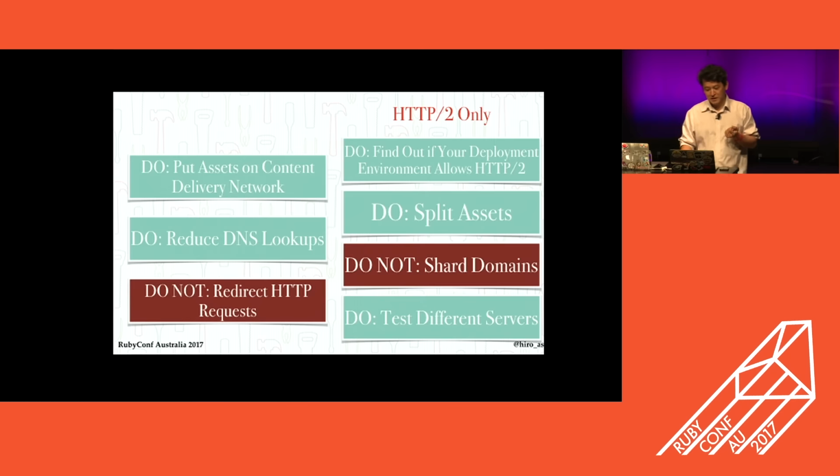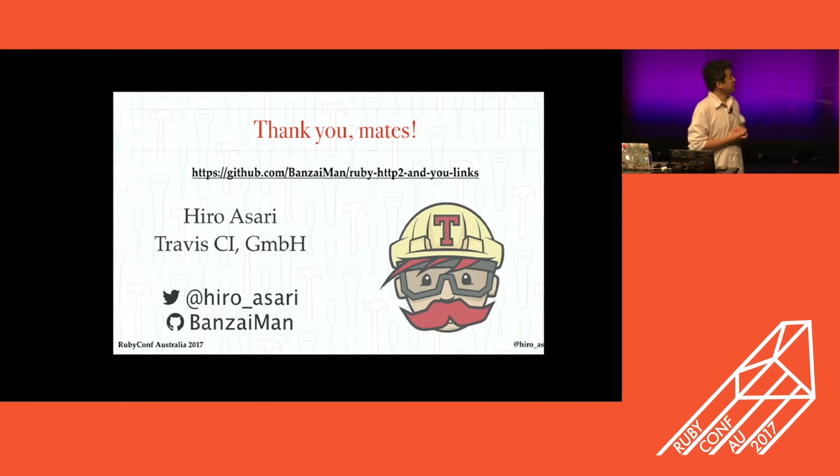By playing to H2's strengths, we can get started on the journey to H2 performance that is not in the too distant future. All right, that's it. And here is the list of links that you can take a look at. Yes, curl configure options and other server implementations and things like that.